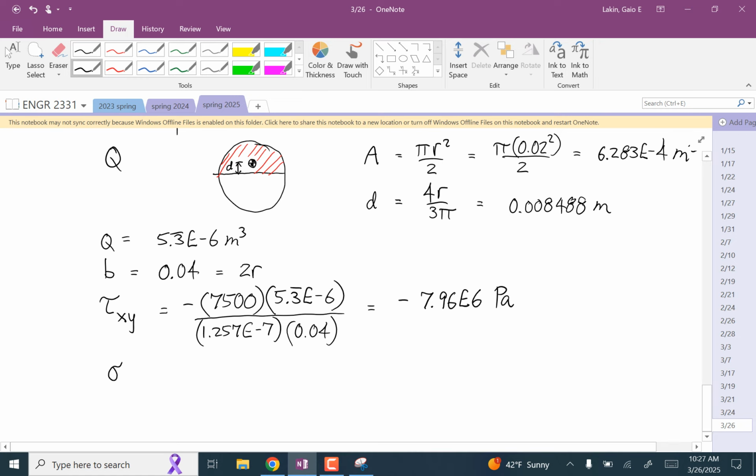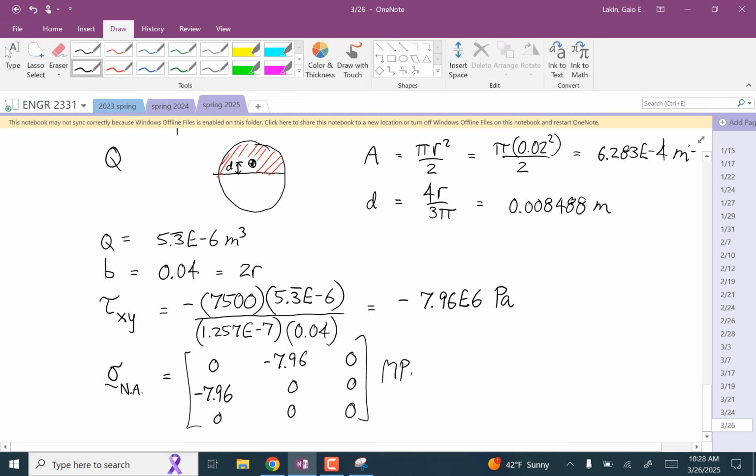And so the stress tensor due to the shear force, well, this is the stress tensor for any points on the neutral axis, because all there is is stress due to shear force: 0, negative 7.96, 0, negative 7.96, 0.